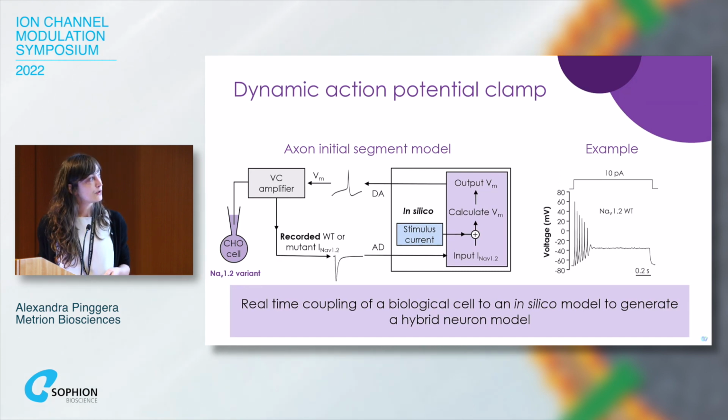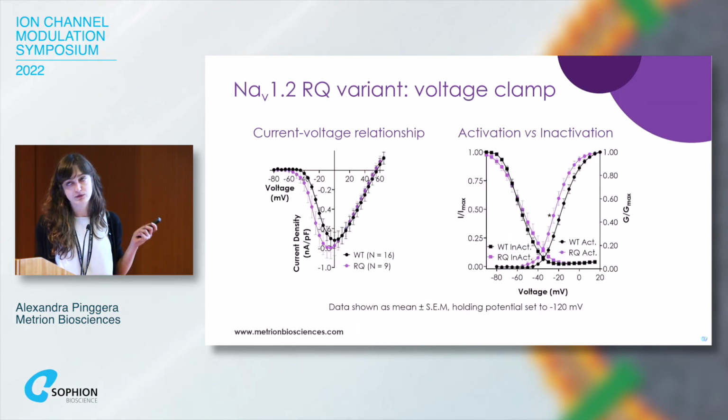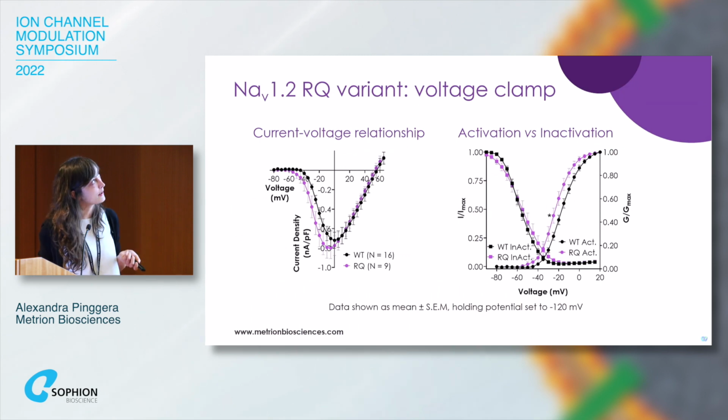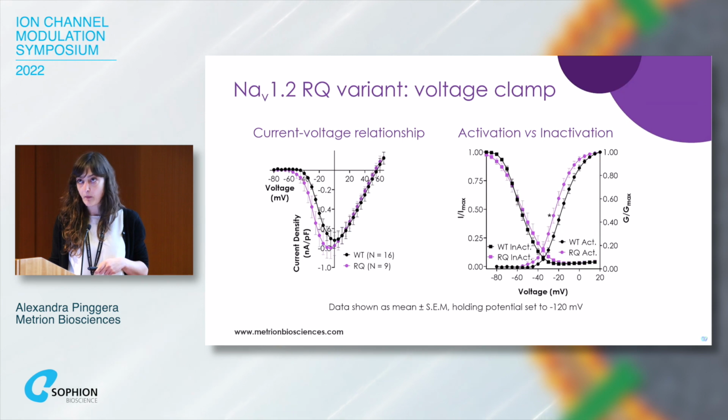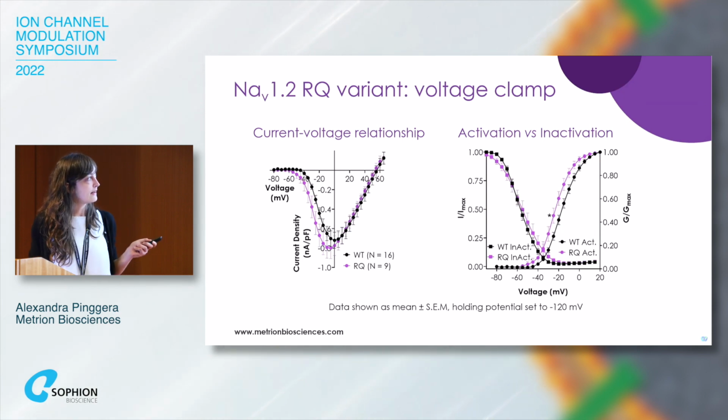The first mutation is RQ. Unfortunately, I can't give you any more details about this variant. Here we first performed some conventional voltage clamp experiments. The variant is shown in magenta, the wild type in black.